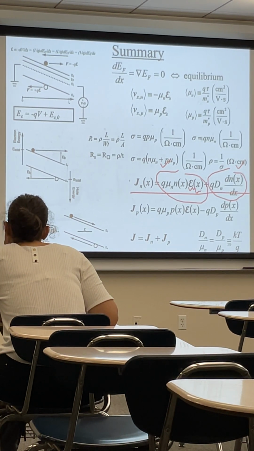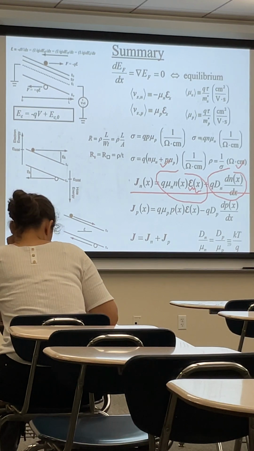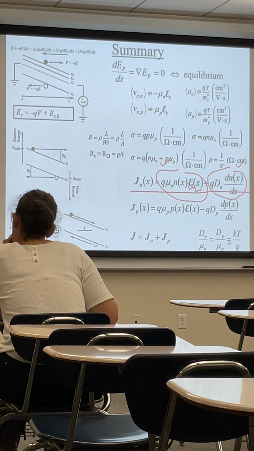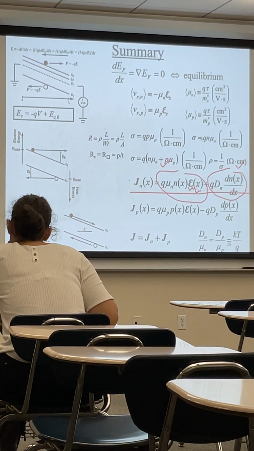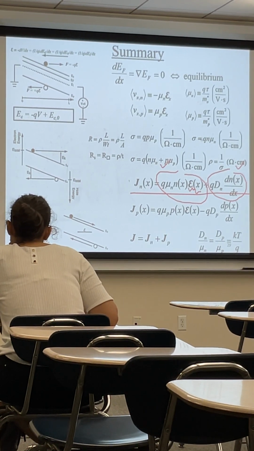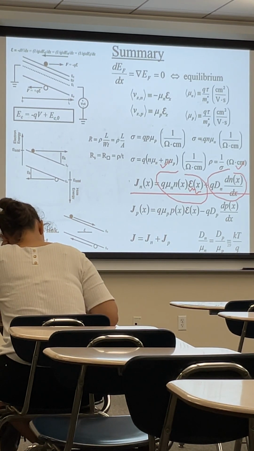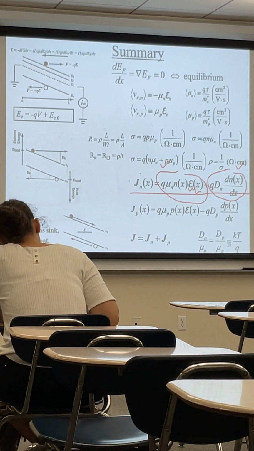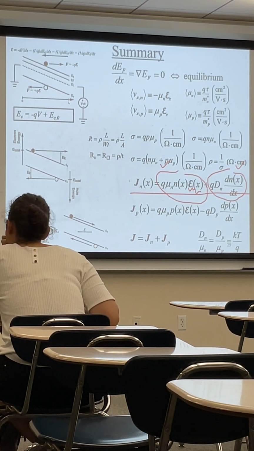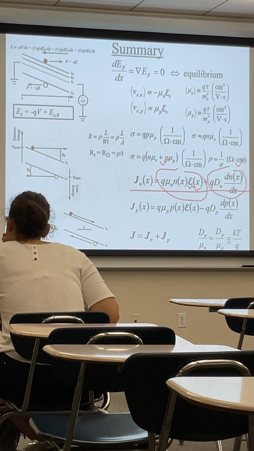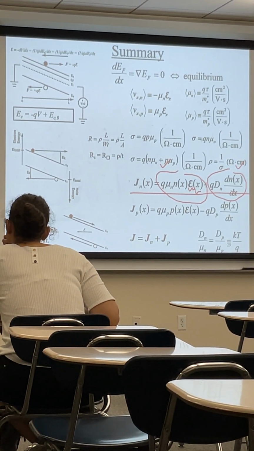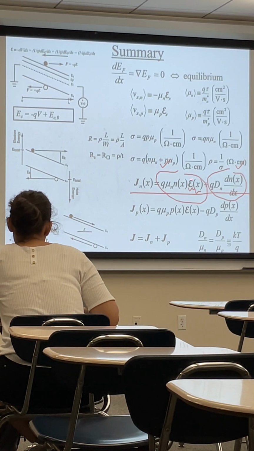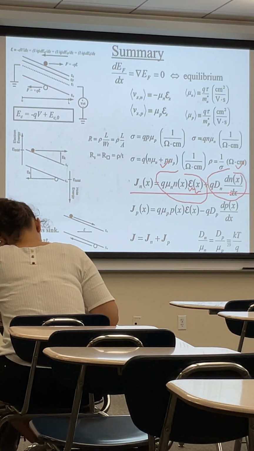The magnitude and direction are determined by E. And for the diffusion current, what is the driving force? The gradient. Because Q and D are constant, J is determined by dN over dx. So this is a gradient in carrier density. These are the two driving forces: electric field and the gradient in carrier density.